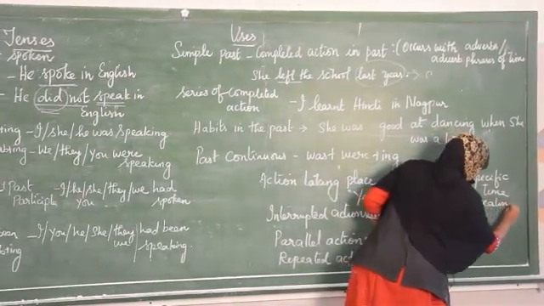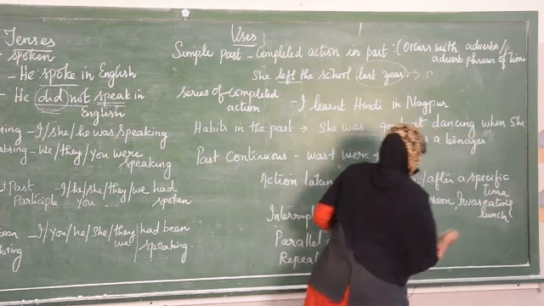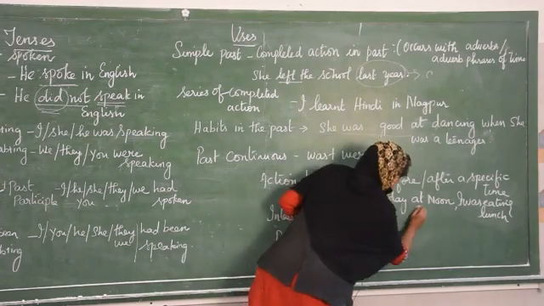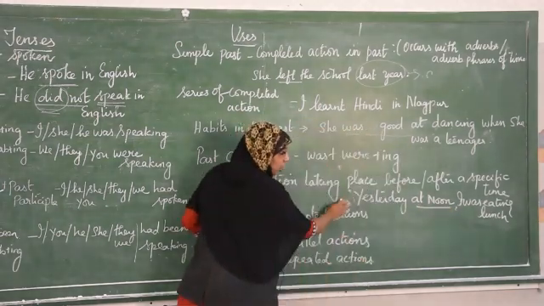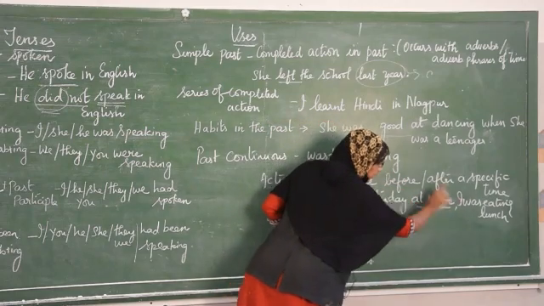So here, action taking place before or after a specific time means what? The time is mentioned here. So what were you doing yesterday at noon? You were eating, or I was eating lunch.